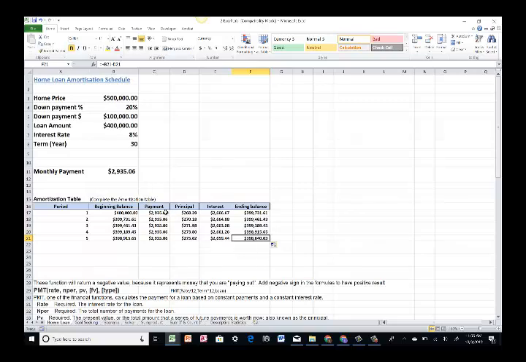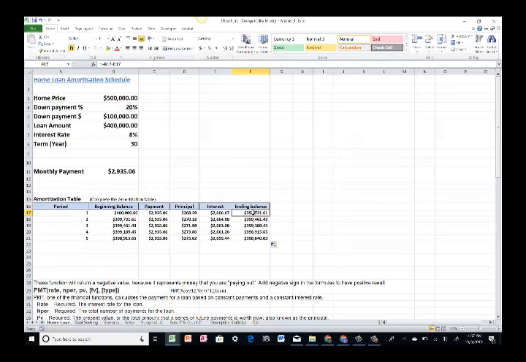Pay attention if you're going to be using the payment, principal, and interest formulas without the negative sign in front, meaning they're going to be negative values. Make sure you calculate the ending balance correctly. You're not going to be reducing the beginning balance by principal since it's already negative.